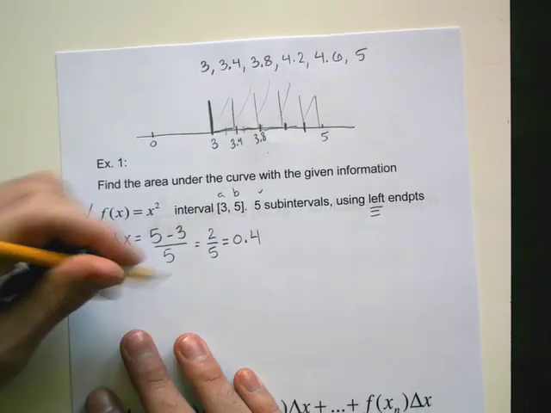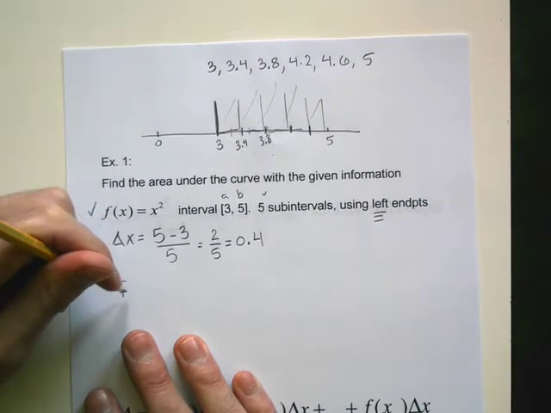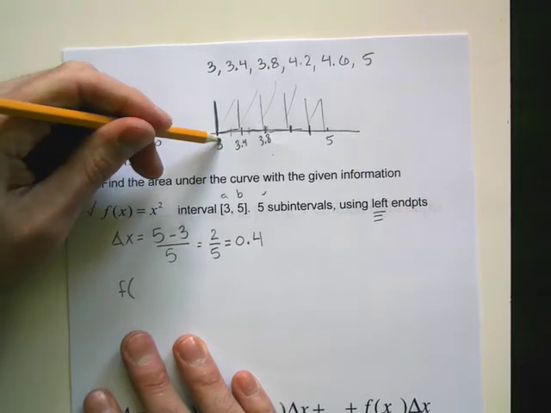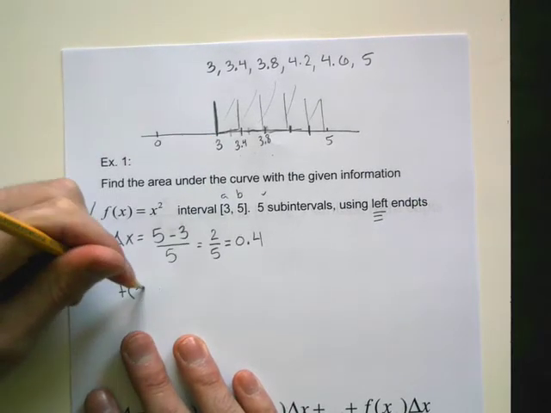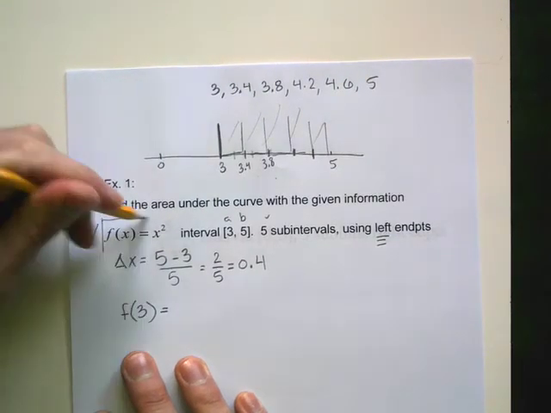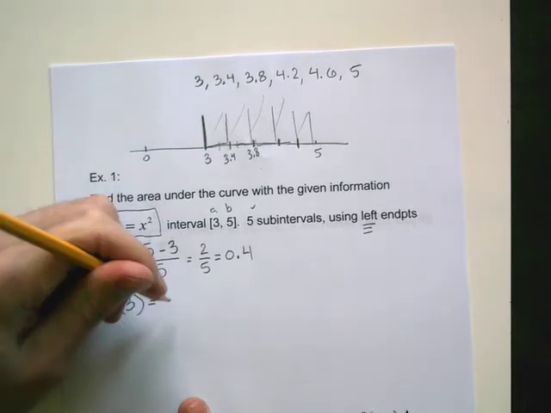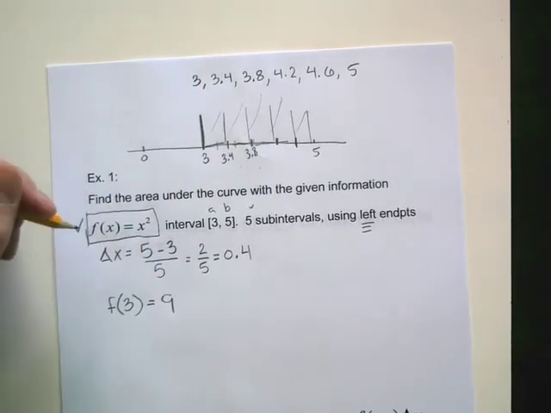So how do we get that value? I take the function and plug in that left value. So f of 3, and I'm going to plug it into the function they give us in the problem. So 3 squared is equal to 9.